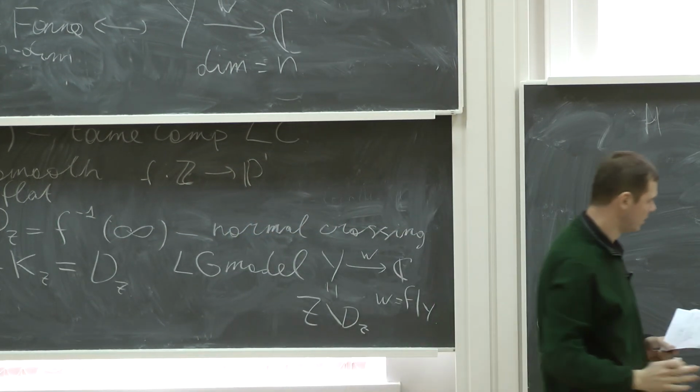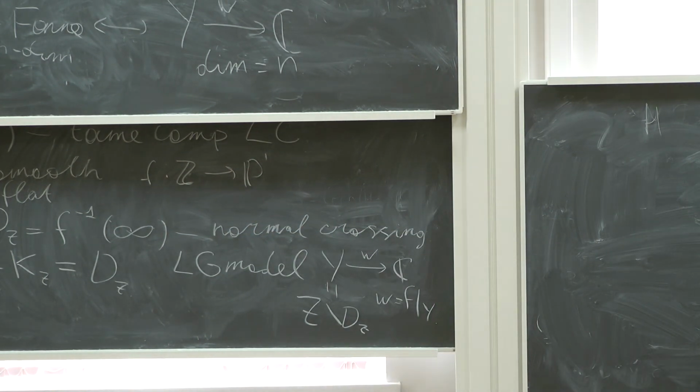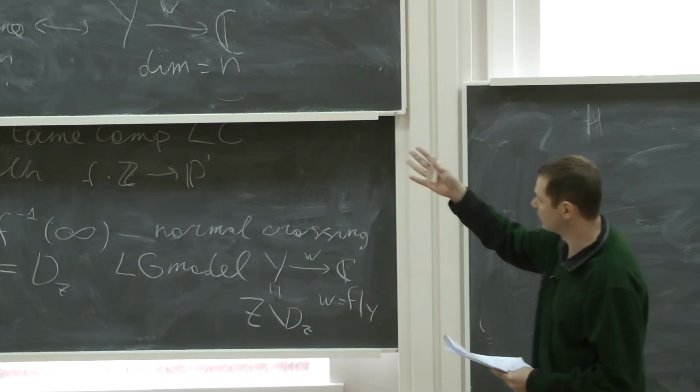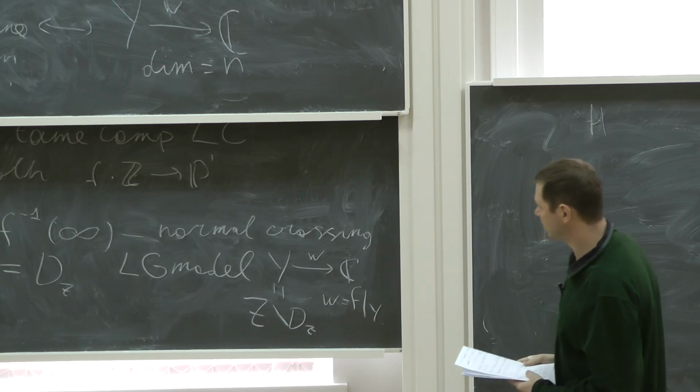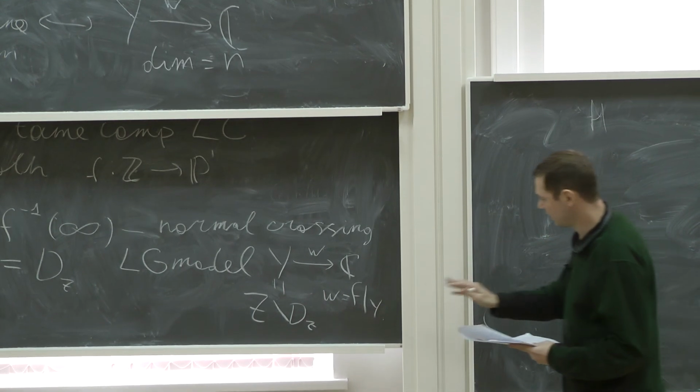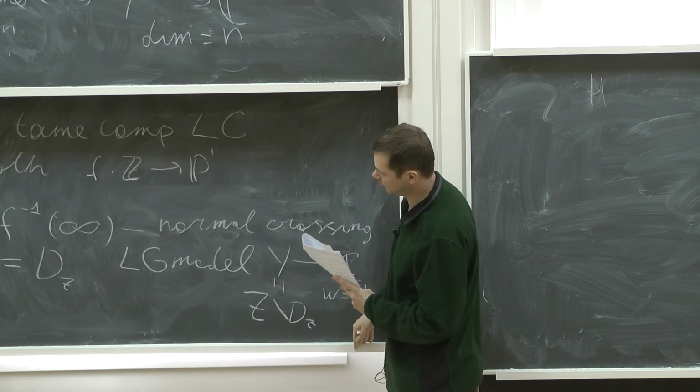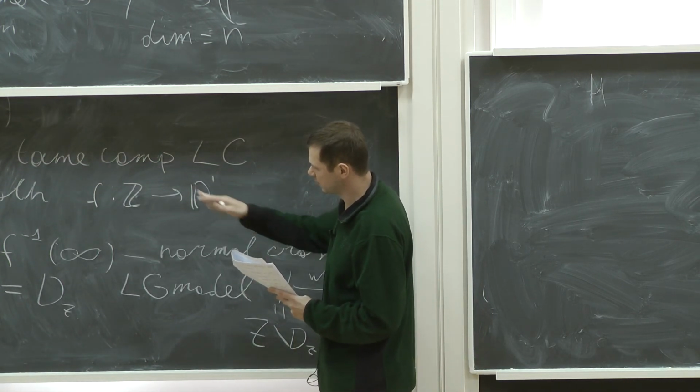That's an extra assumption, but in all examples we know, we can find a Landau-Ginzburg model of the same dimension. But for now we forget for several minutes about X.